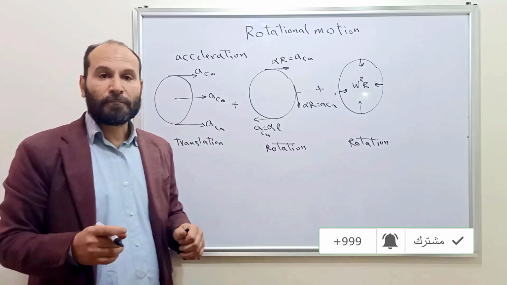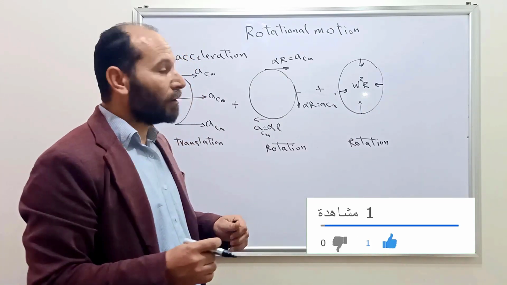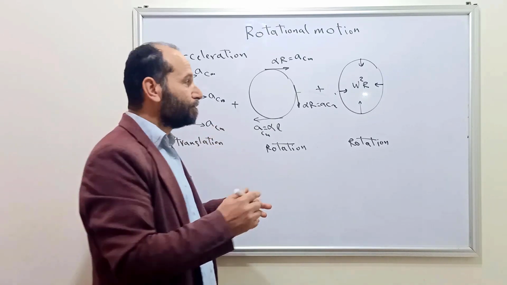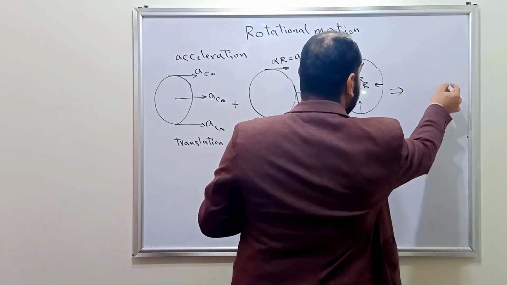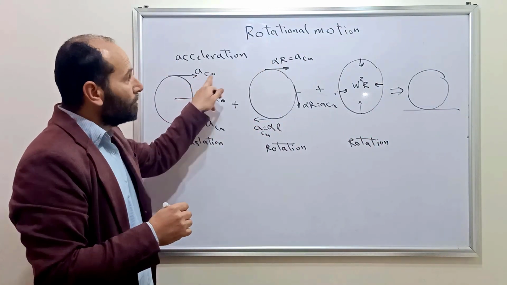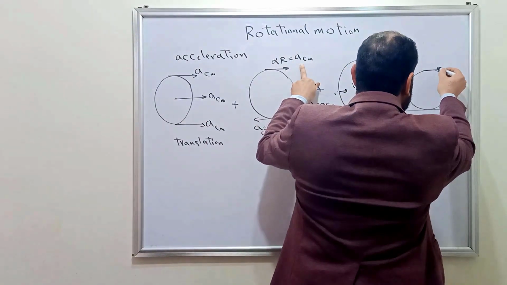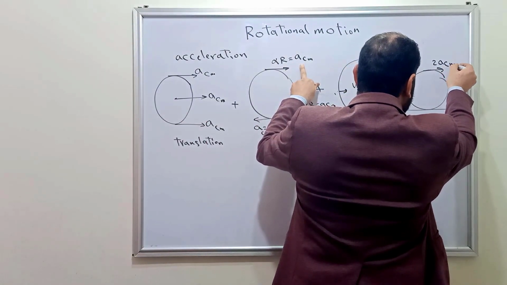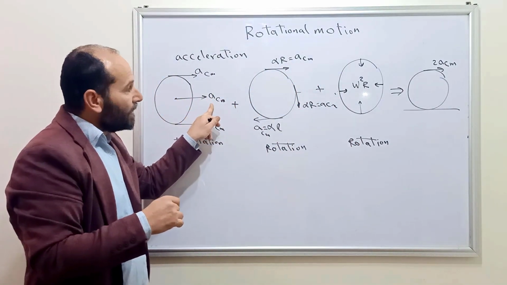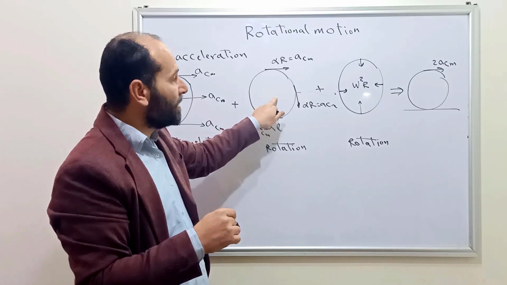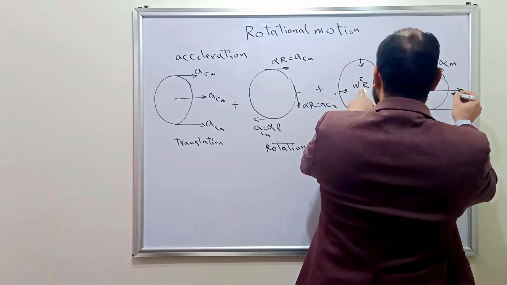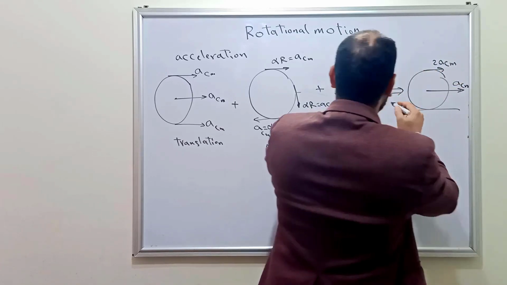In this case, if we try to find the total acceleration, we find ACM plus ACM in this direction, 2ACM. At the point C, no acceleration here, no acceleration here, so in this direction we have ACM.